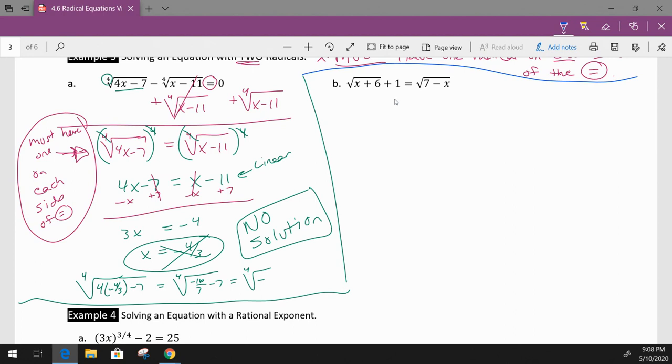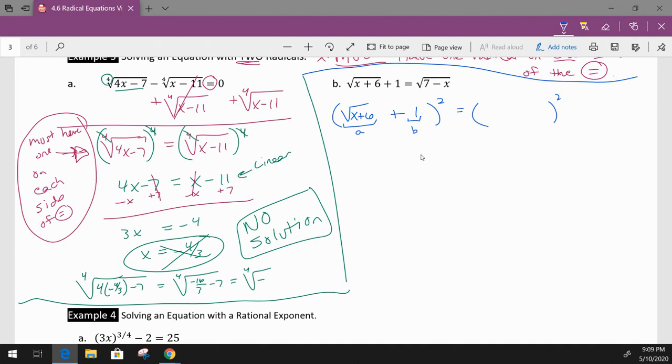So when you are squaring the left side of the equation, you are squaring a binomial. The square root of x plus 6 is like your a, or your first term. The 1 is your second term.